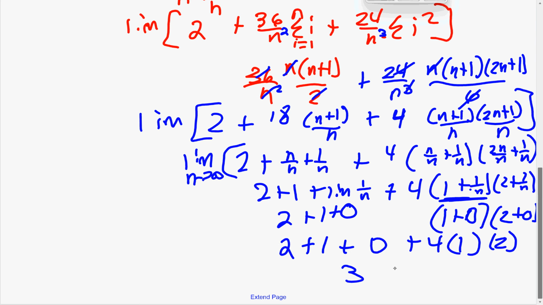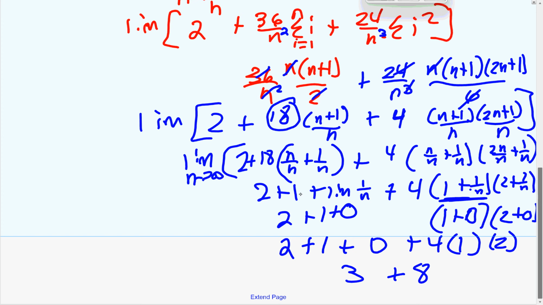So then I just get 3 plus 8. Okay. Oh, I didn't read. I got my 4 there. That's good. Okay. This one right here, I forgot my 18 out front. So that's 18 in front of this. Now you're probably really mad at me. Okay, I got that 18 out front.